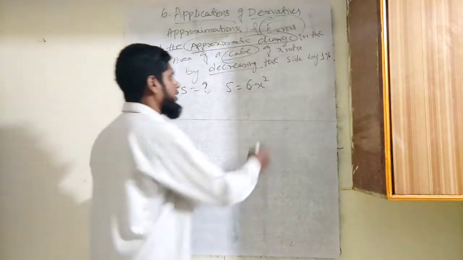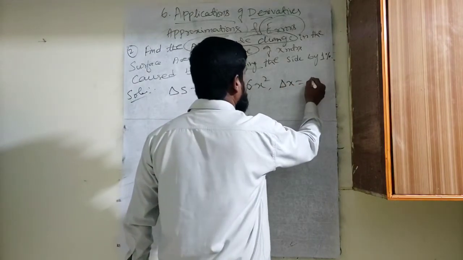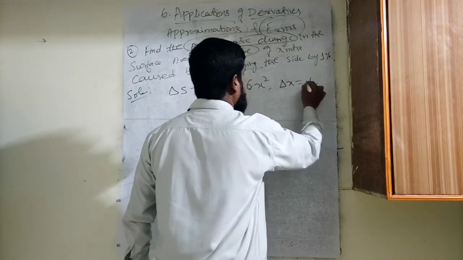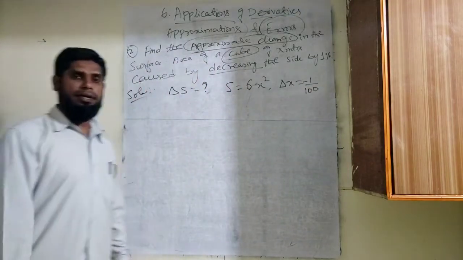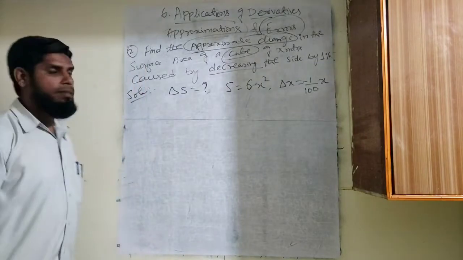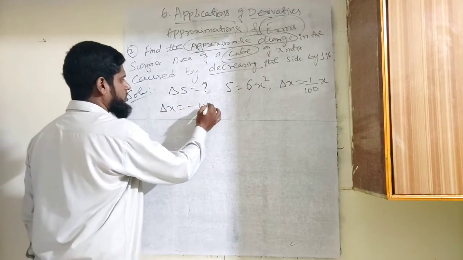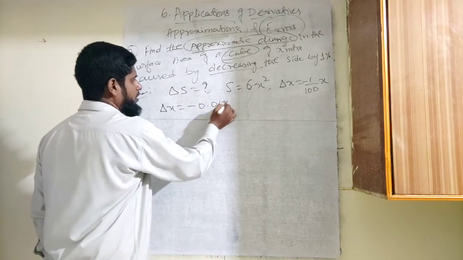This is very important. So side is getting decreased by 1%. So it is 1 by 100. That is minus 1 by 100 into x. So delta x is equals to minus 0.01 x.